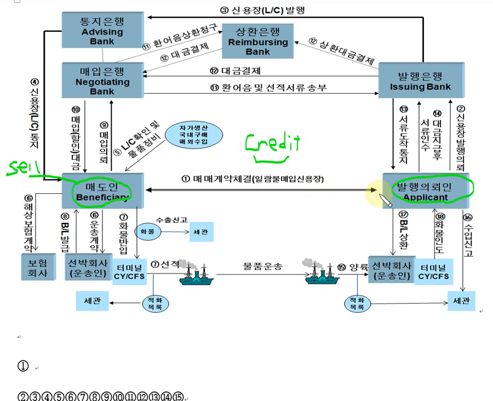At this state, as I told you previously, the seller does not believe the buyer will pay, so he won't release his product in advance prior to payment.